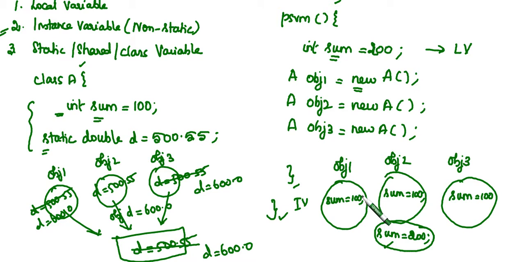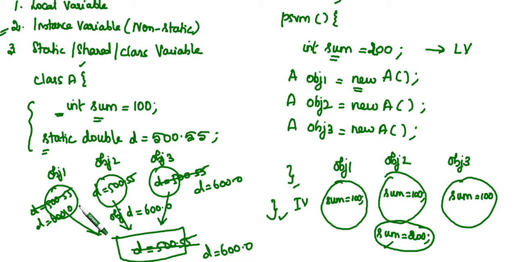Each one will have its own separate copy. It's like private property. But here it's like a public property. If you use the static keyword and these objects share this static variable, even if one object changes its value, it gets reflected in all three objects. So that is the main difference between the instance variable and the static variable.